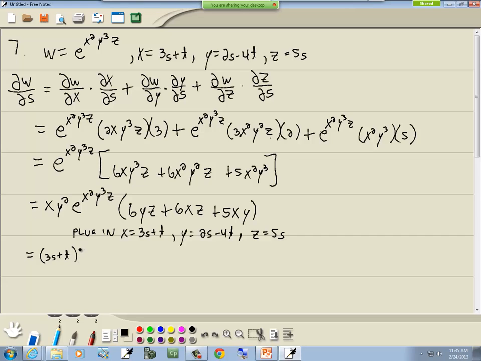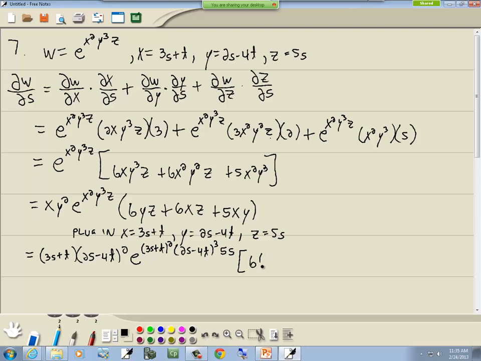Y was 2s minus 4t squared. E to the x squared, which would be 3s plus t squared times y to the third. So 2s minus 4t to the third times z, which is 5s. All that times 6 times y.